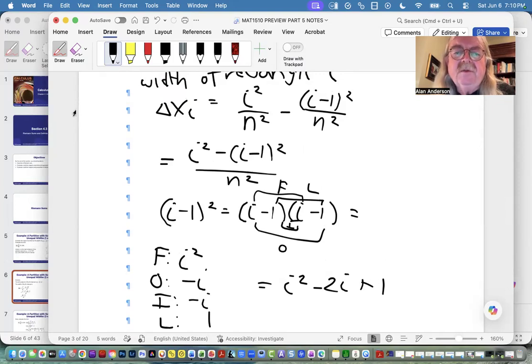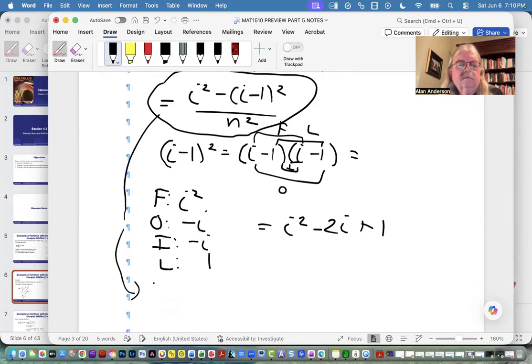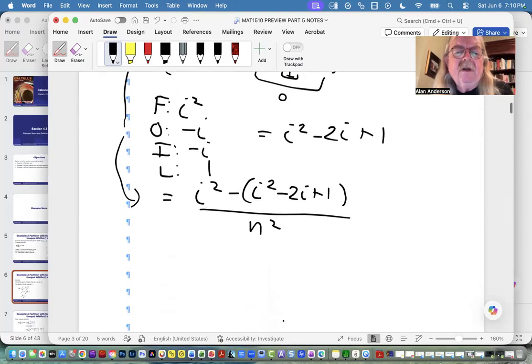But remember, we're subtracting that. So this expression can be rewritten, and then we can simplify it as much as we want to.